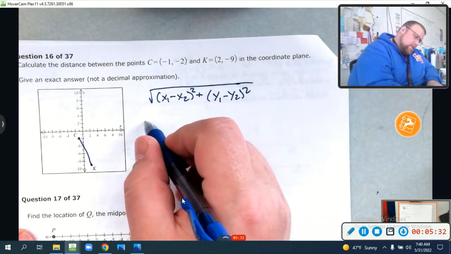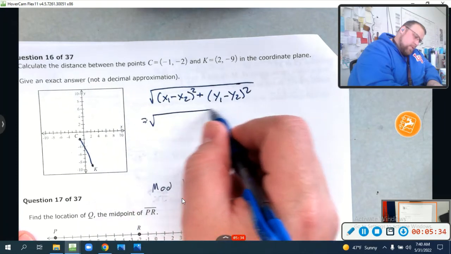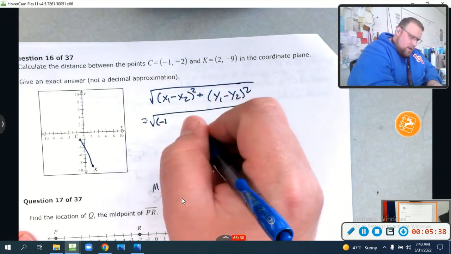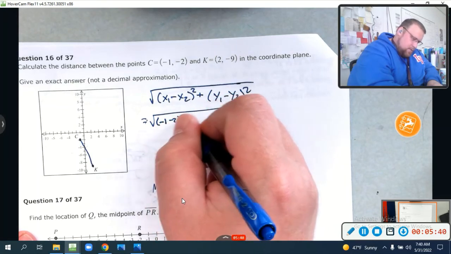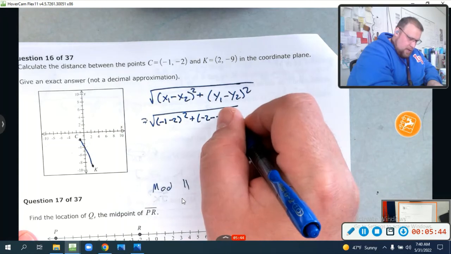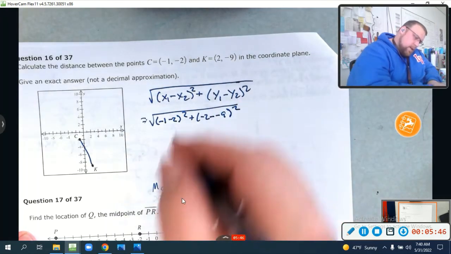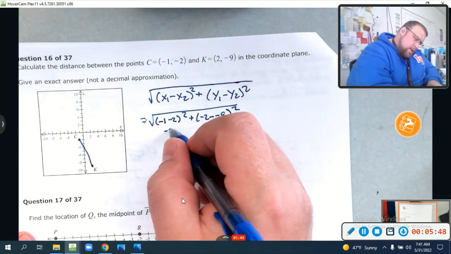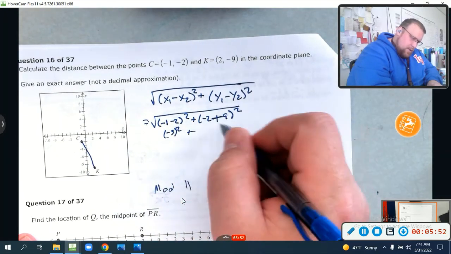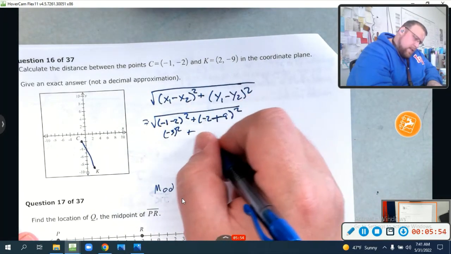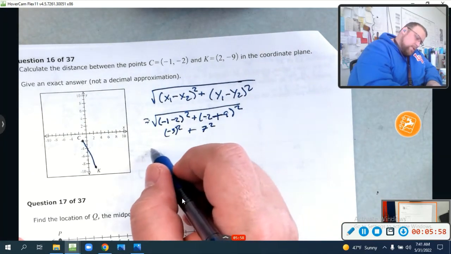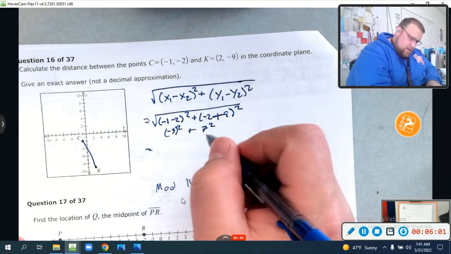So in this case, it's just going to be the square root of -1 minus 2 squared plus -2 minus -9 squared. All right, so that's just going to be -3 squared plus, see that's a plus right there, -2 plus 9 is 7. So that's just going to be 7 squared.